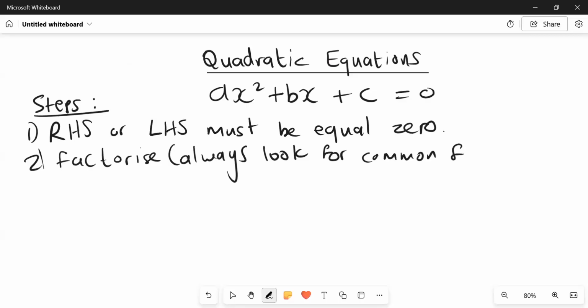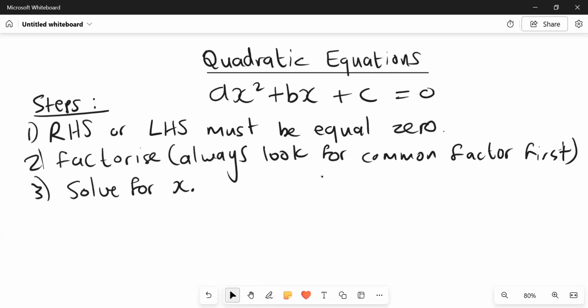But I will show you what I mean by that. And then number 3, you solve for x. So I want us to follow these steps together. You can write these steps down and then we'll start with our examples.